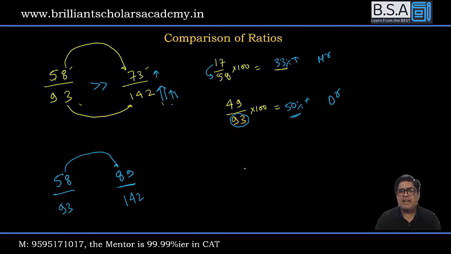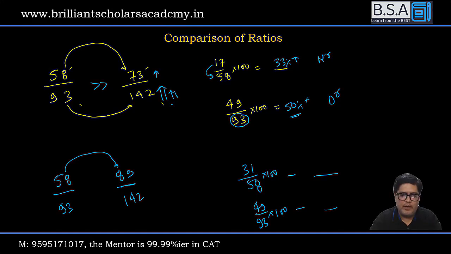If you observe, the increase is 31 upon 58. Calculate this percentage. What is the increase here? 49 upon, let us say, 93. Calculate this. I'll also perform the same calculation for you guys.